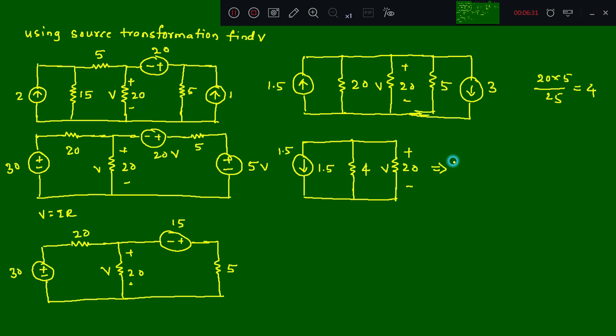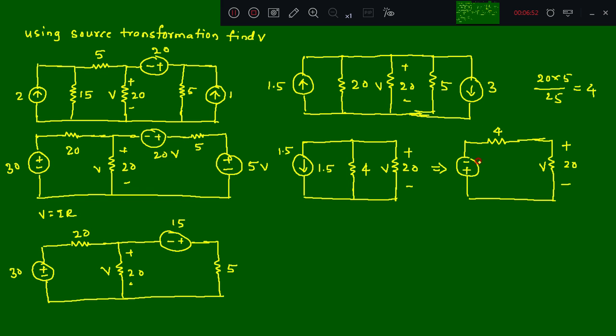It is the downward direction, so plus and minus in this way, right? This 4 ohm resistance will be in series, and then the 20 ohm will be in series again. This will be the V I need to find.